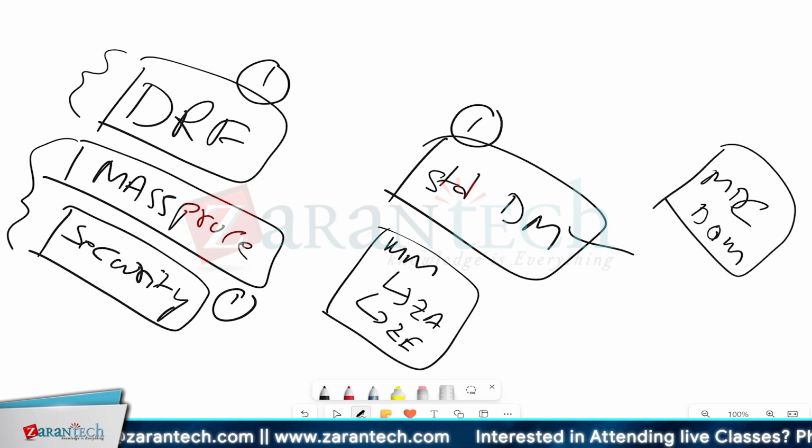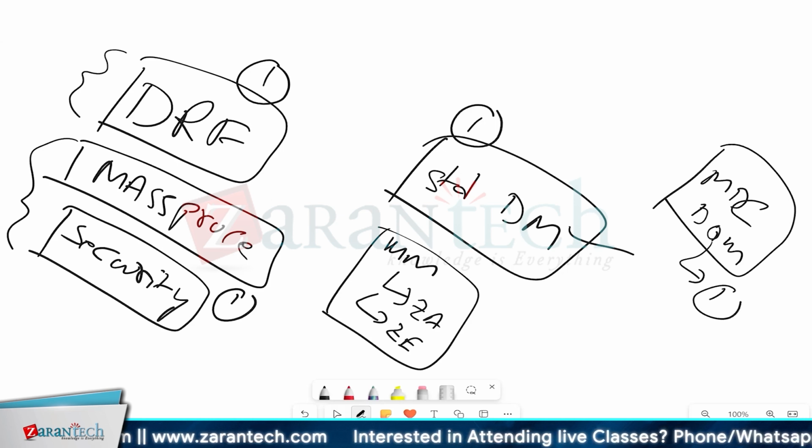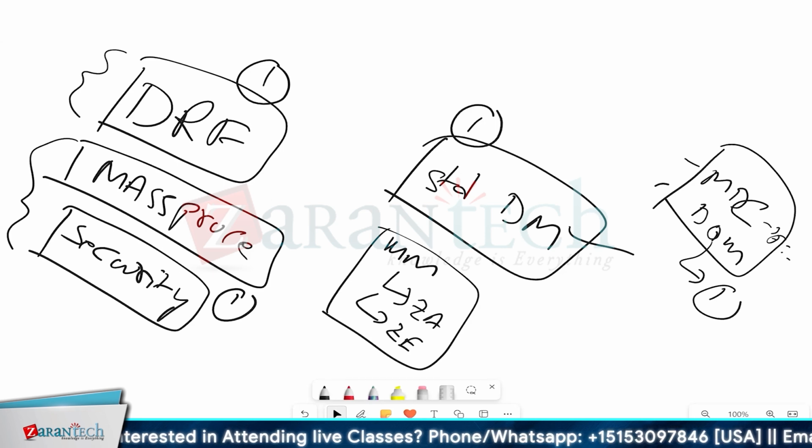These two will take maybe 1.5 or 2 sessions, including Fiori as well. Let's take a maximum of 2 sessions. So in total we'll have 5 sessions pending from our side.